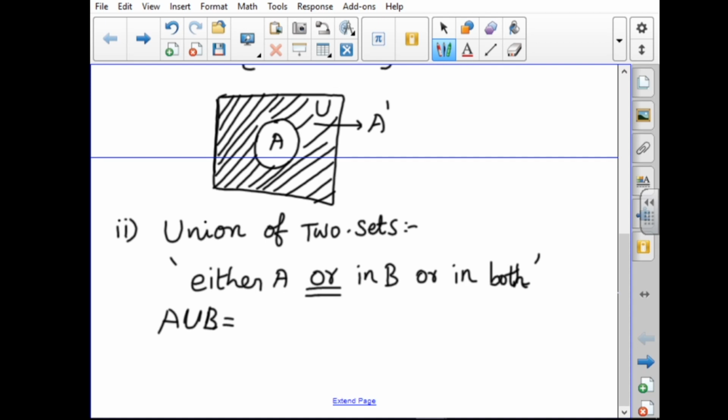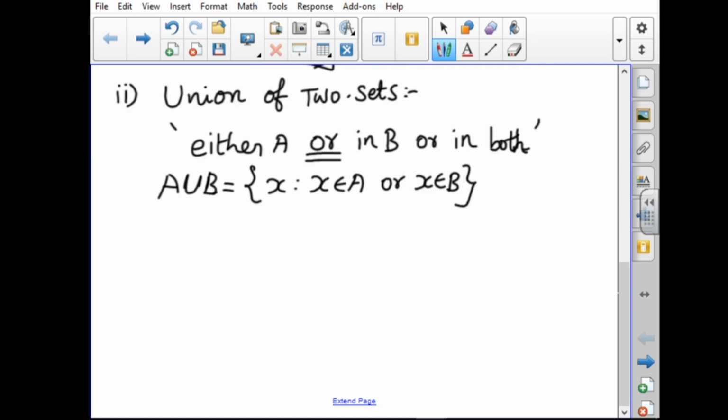So A union B is equal to the set of X such that X belongs to A or X belongs to B. The word 'or' denotes union. You have to join the two sets. If any elements are repeated, you write only one time. This is the second type, union of two sets.